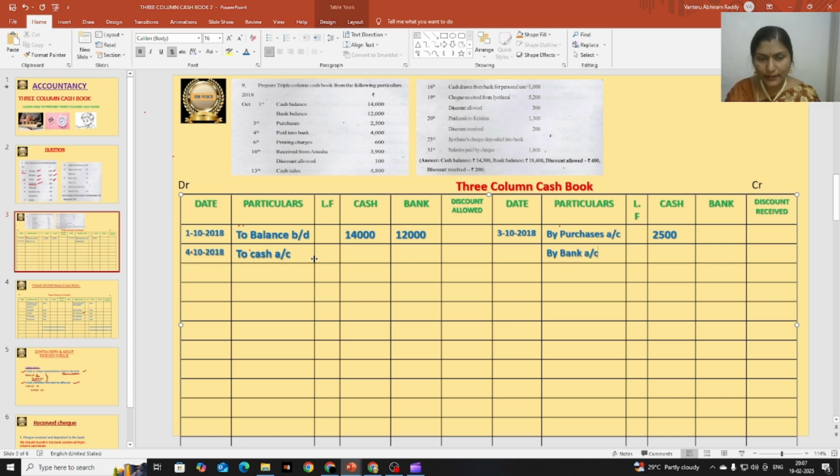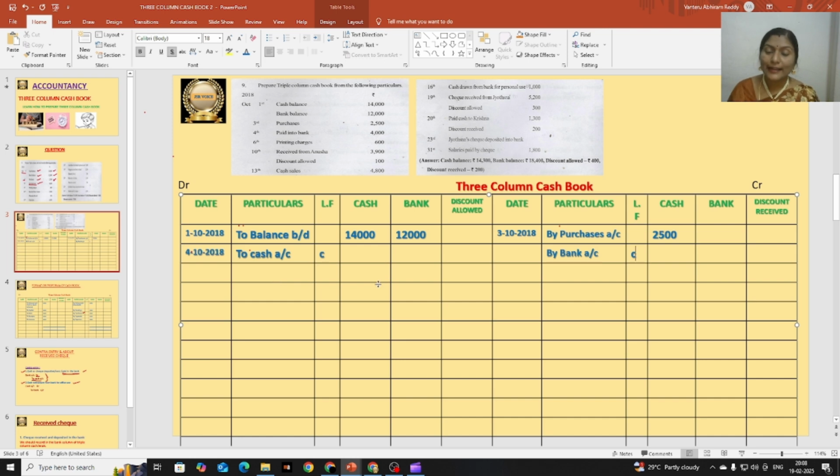Since it is a contra entry, we should write C in the LF column on the debit side. On the credit side also we will record C in the LF column. So twice we recorded this: to cash account, and on the credit side by bank account.